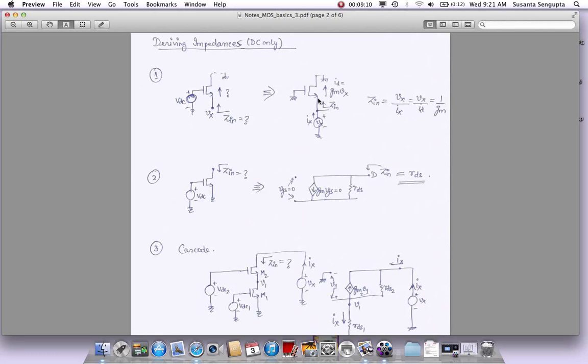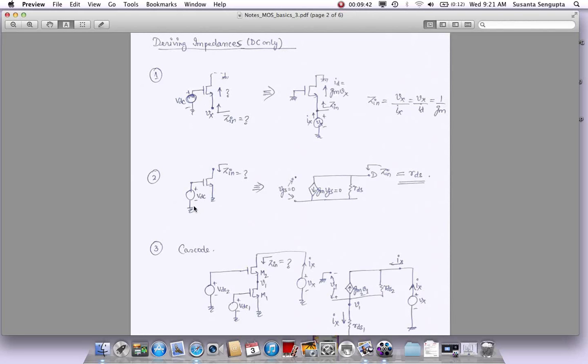So the impedance looking into a source is 1 over Gm, which is a low impedance node, and we use it all the time, as we will see in the circuitries, to create low impedance points. So this is an example of the impedance looking into a source when the gate is AC grounded. AC ground means fixed DC bias, which does not change. That's why it's AC ground.